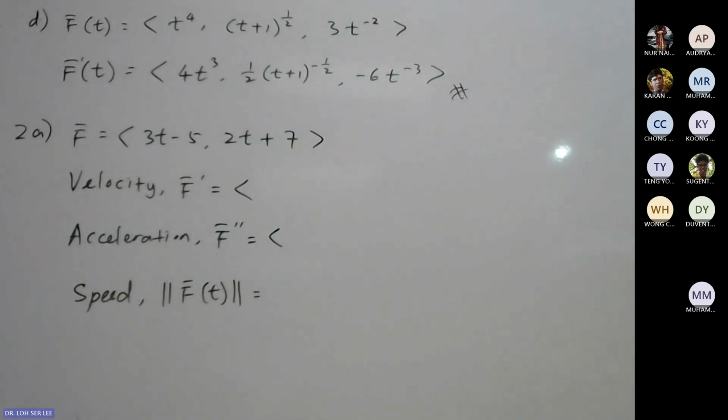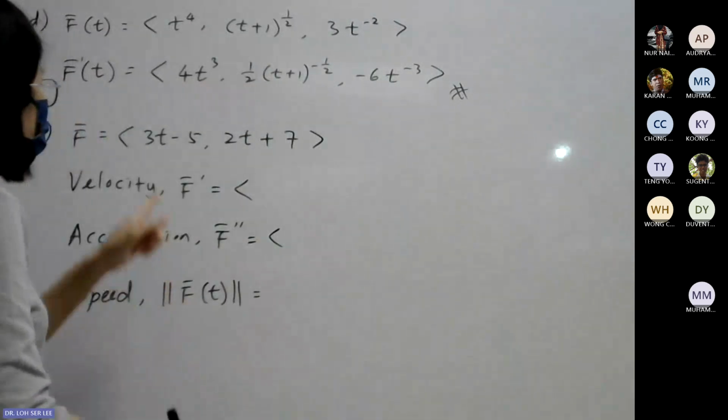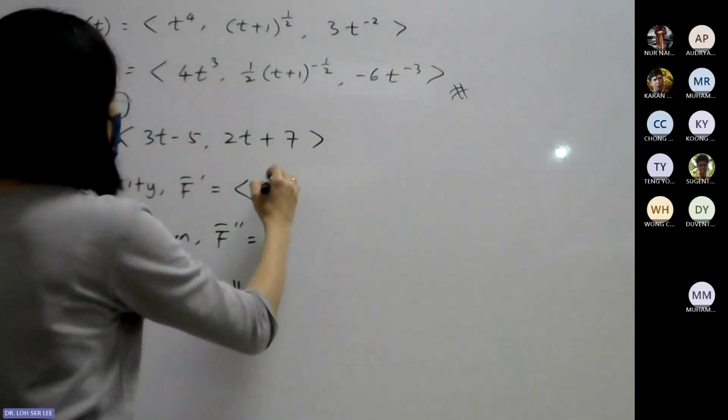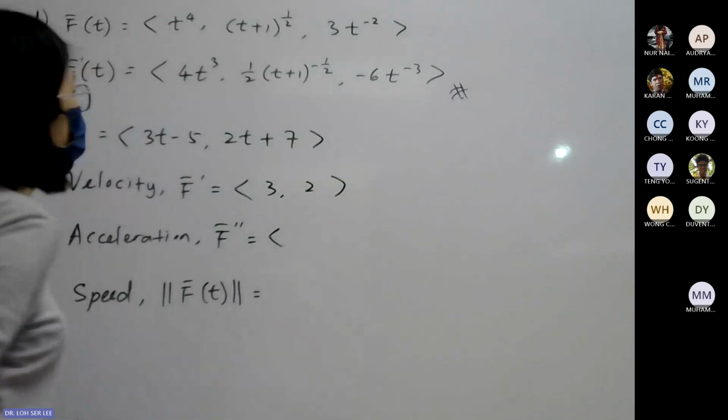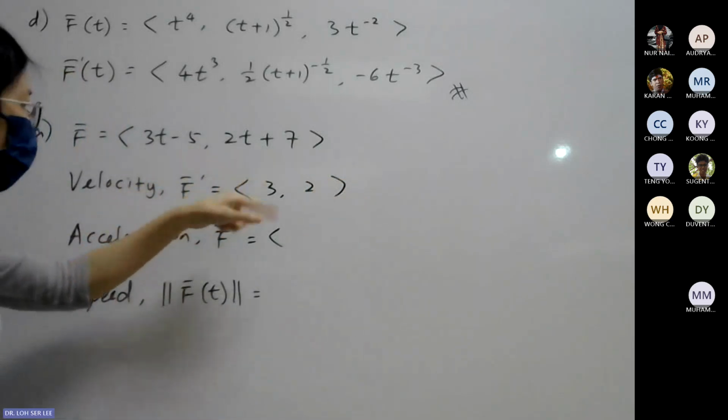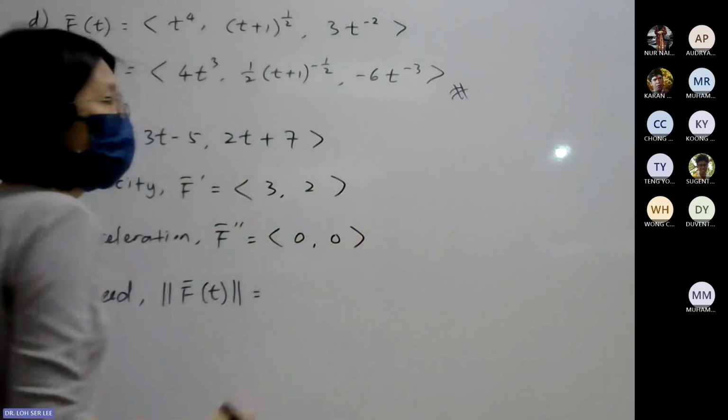Velocity and acceleration can be quite simple. This is a two-dimensional vector. Differentiate, you get 3 and 2. When you differentiate once again, you get 0, 0.